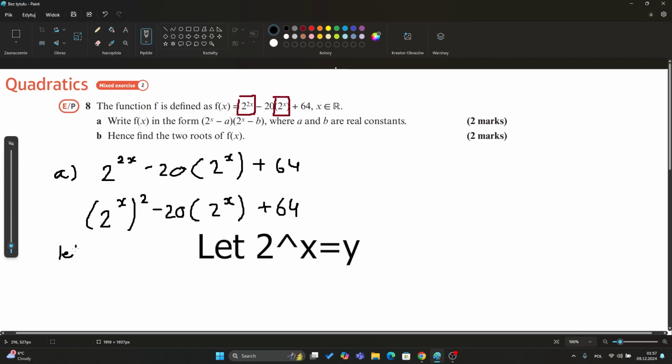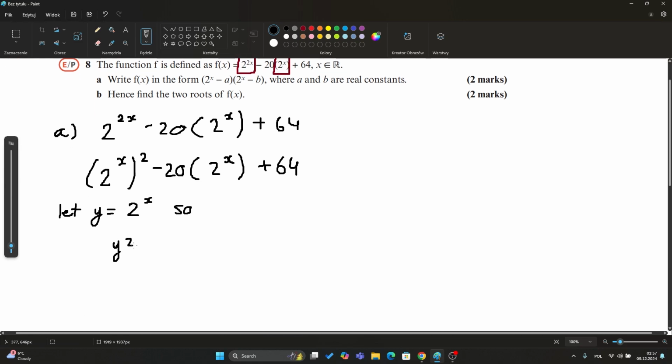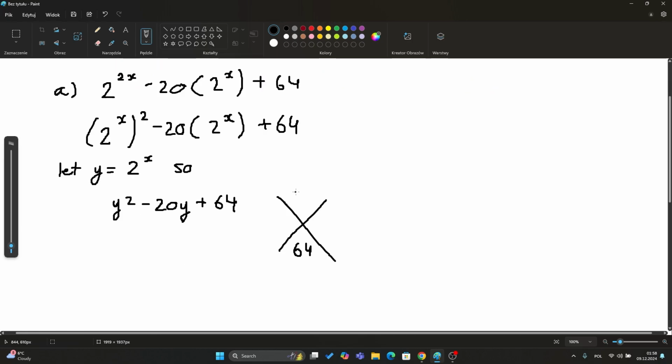Now let y equal to 2 power x, so y squared minus 20y plus 64. Now using factorization we can solve this.